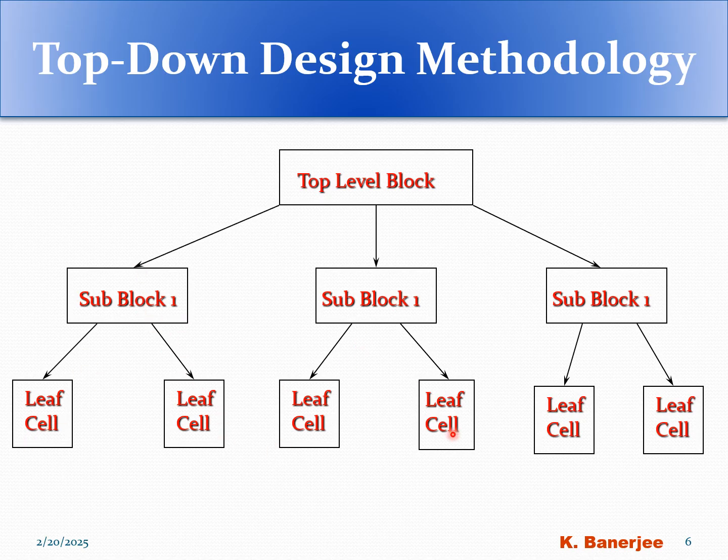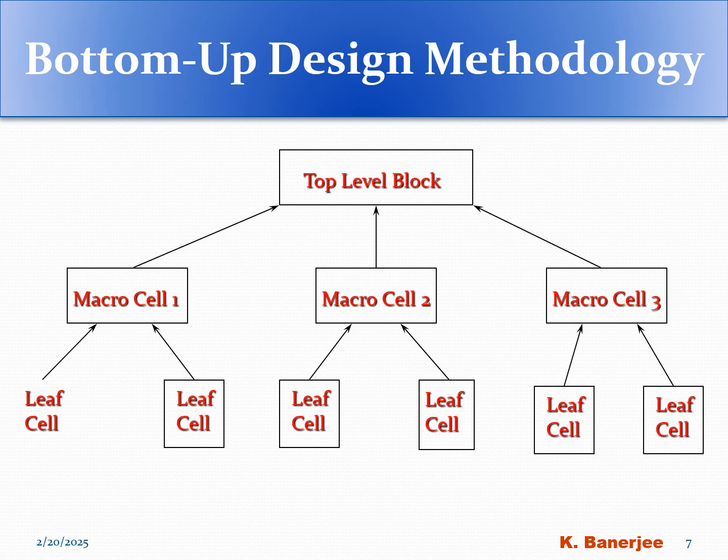This process continues until a sufficiently low level of abstraction is reached, and this sufficiently low abstraction is the leaf cells in the figure. When a circuit is fully specified down to the lowest structural level, the layout is specified in the bottom up design methodology.